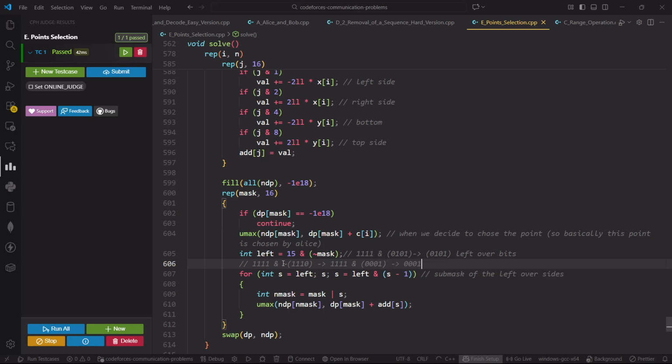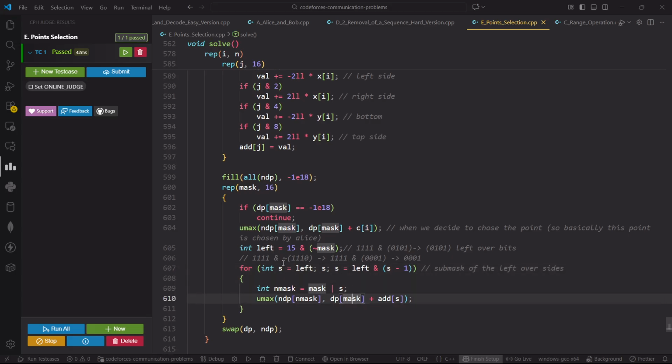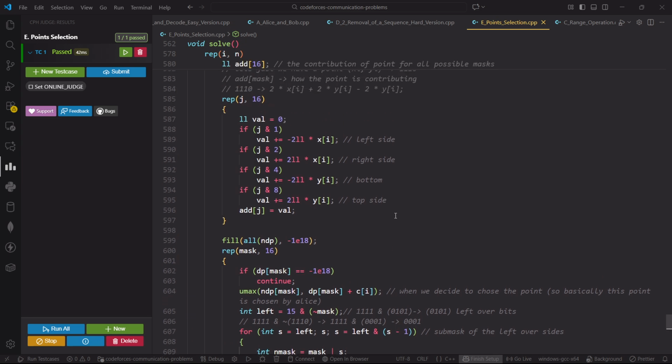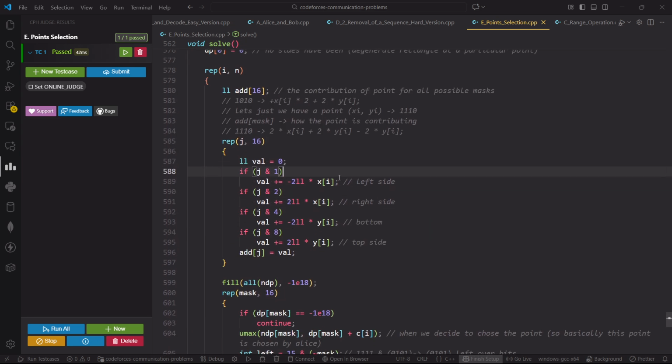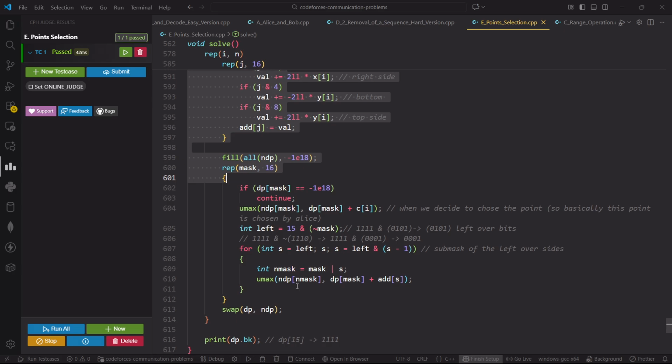So basically, this is the set that we have. We'll iterate for all the submasks of the leftover sides, which is 0001. We'll have a new mask that would contain the submask, and the answer would be dp of mask plus the contribution of this submask to the overall sides that we have already calculated above.